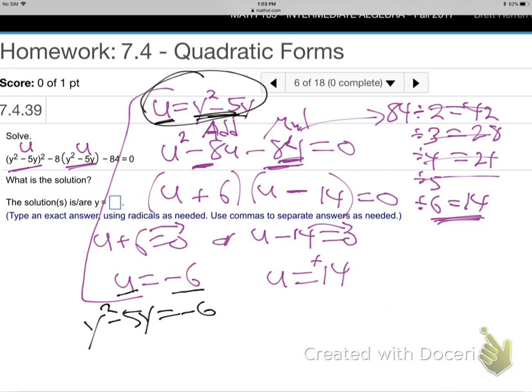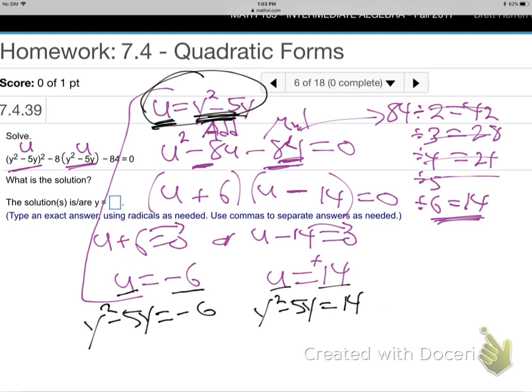That's what that top line says. So when those two things are equal, that means one can take the place of the other one. Make sense? So u equals 14 means y squared minus 5y is 14.